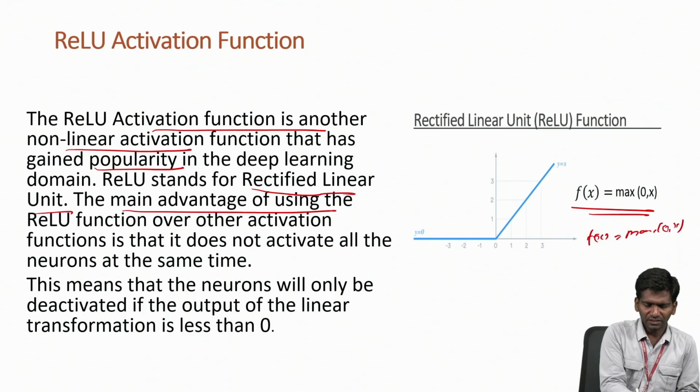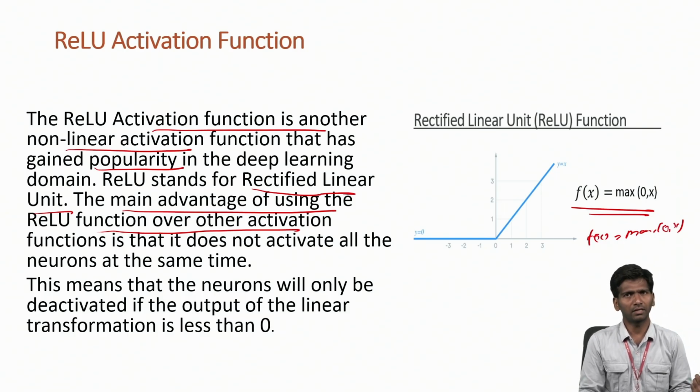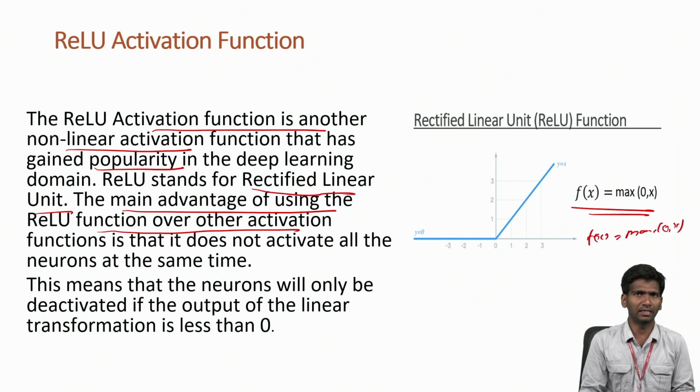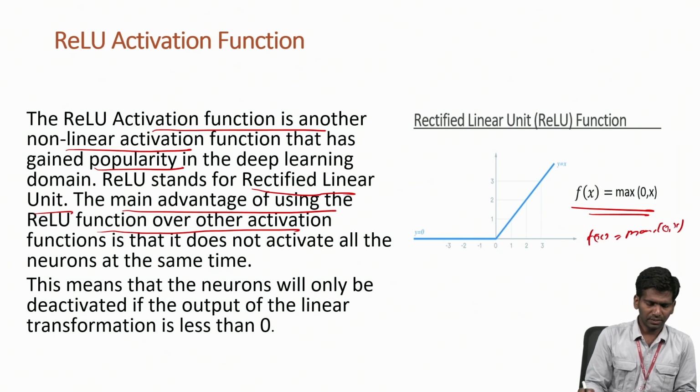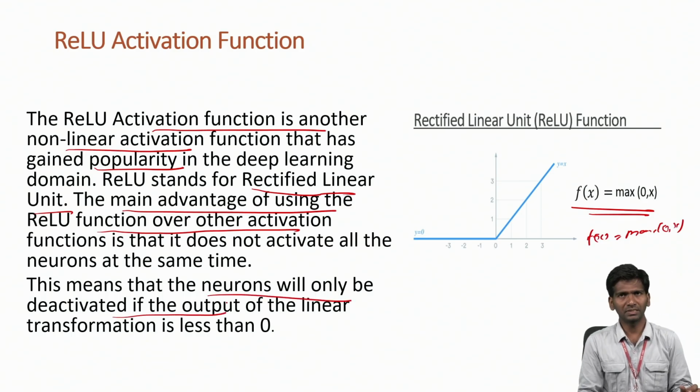The main advantage of this over other functions is that it does not activate all the neurons at the same time. All the neurons will not be fired at the same time; step by step it will be processed. Neurons will only be deactivated if the output of the linear transform is less than 0.